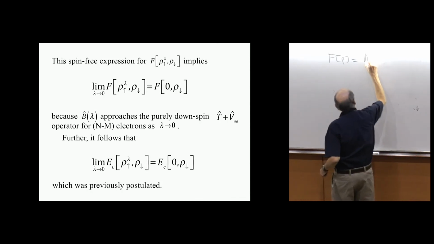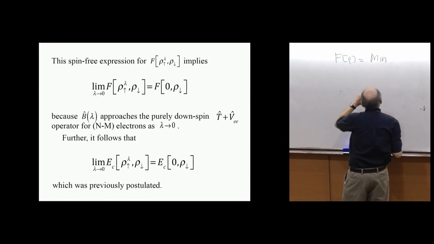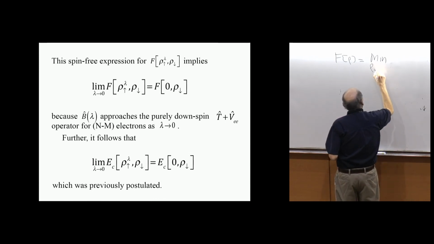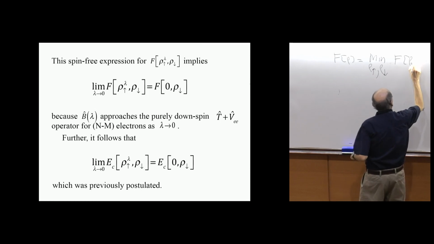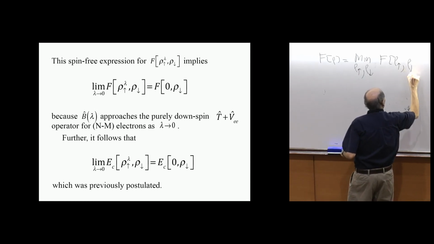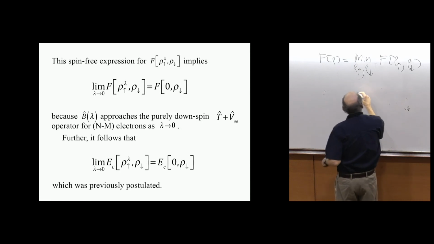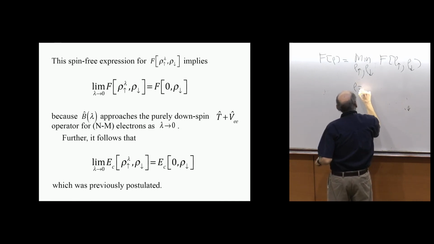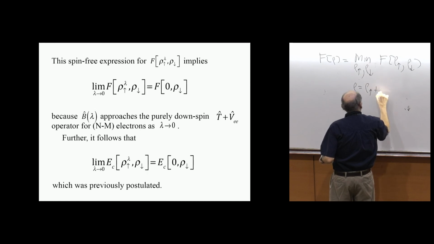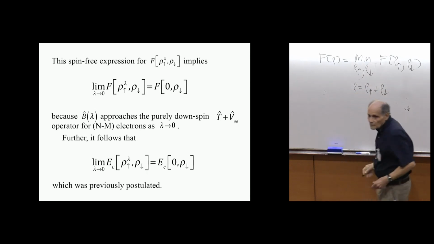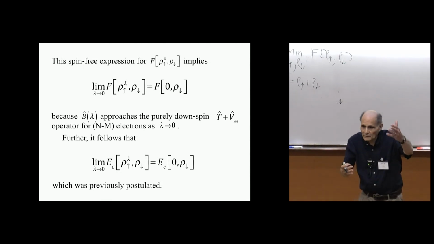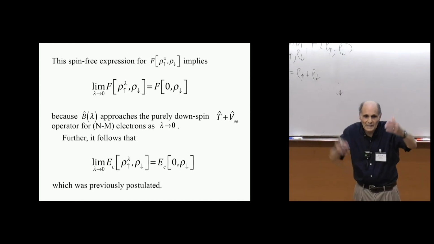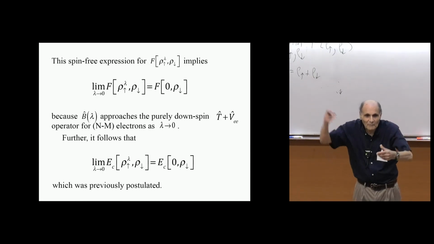F of rho is the min of f of rho up, rho down, where rho equals rho up plus rho down. You see, you're searching over all spin densities with all different ups and downs: 3 up, 7 down; 5 up, 5 down.